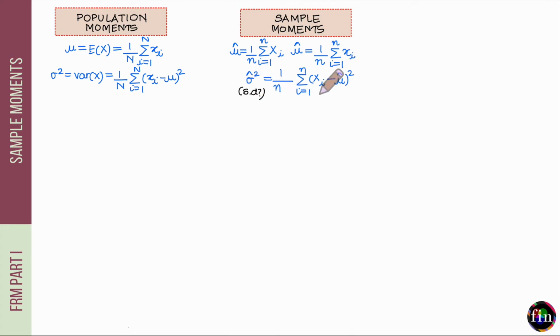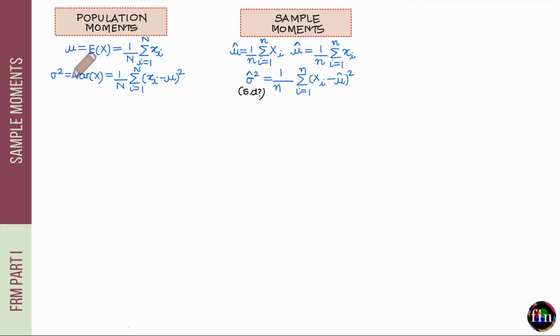Now this estimator, as we will very quickly note, is not 100% correct. It needs a tiny correction, but as of now let's just assume that it gives us some estimate of the population sigma squared, and if I were to take that estimate and take a square root of it, what I get is the estimate for the standard deviation of X, which is sigma.